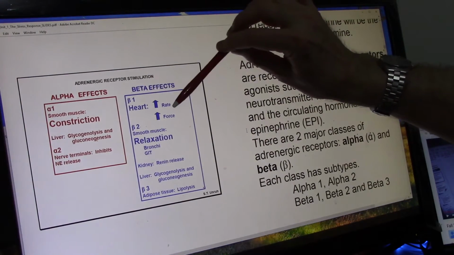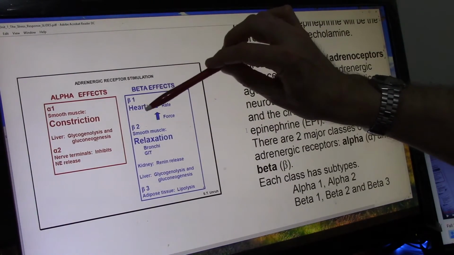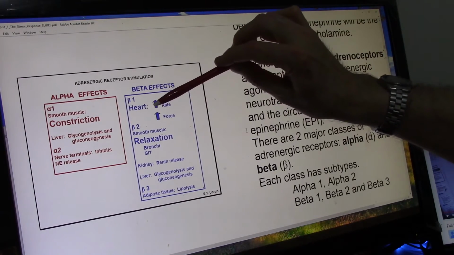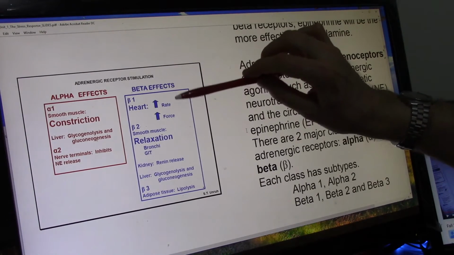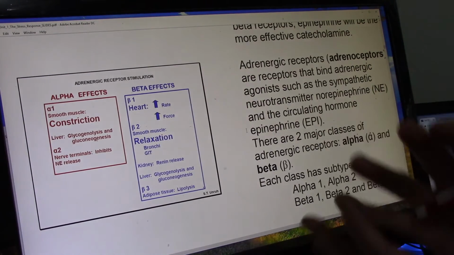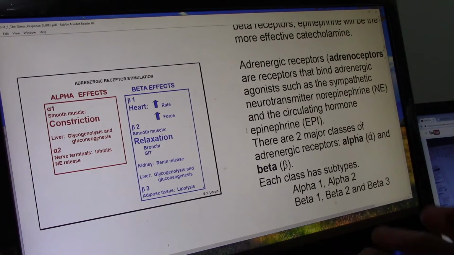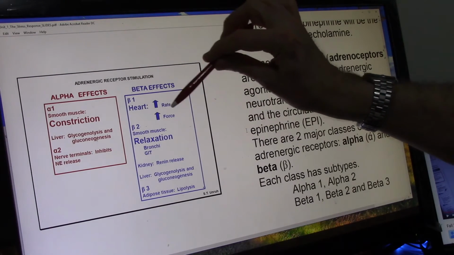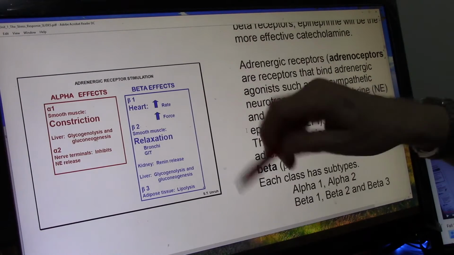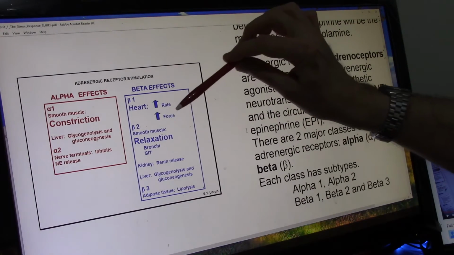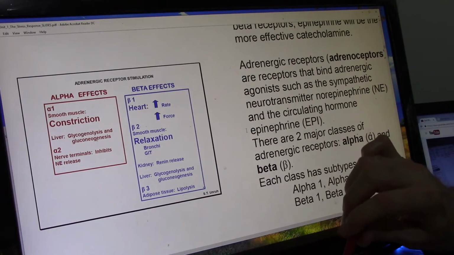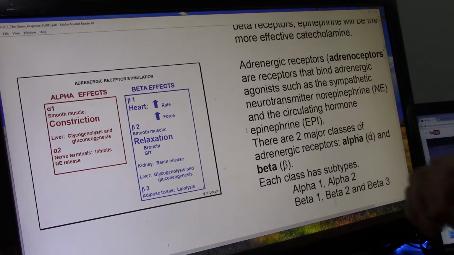Now the beta 1 effects, beta 1 affects the heart, the tissues of the heart. It will increase your heart rate and will also increase the force of your heart contraction. Now the rate is known as a chronotropic effect or a clock effect, and the force is known as an inotropic effect. So you might see those two terms, chronotropic, inotropic, that's what they mean.